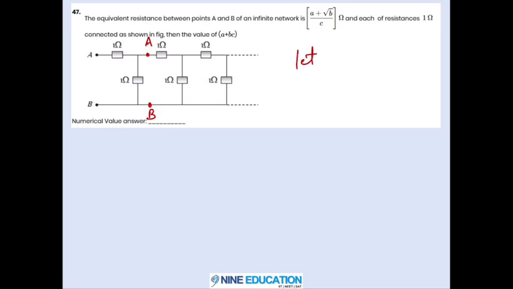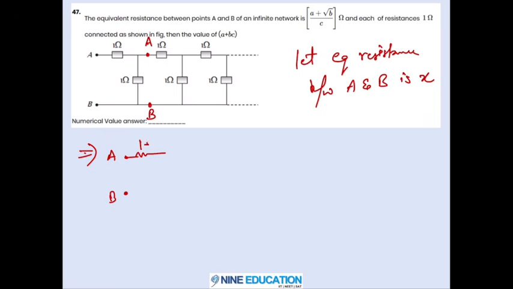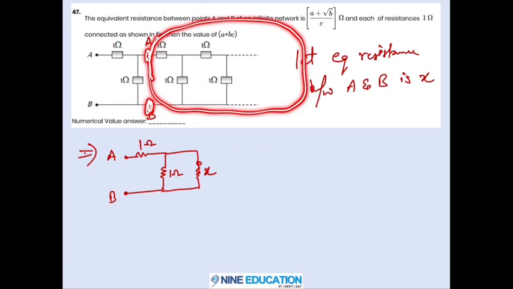And let the equivalent resistance between point A and point B be X. So this you can redraw as, this is point A, this is point B, this is 1 ohm, this is again 1 ohm, and this is X. This is X because see here, this is point A and point B, so this entire network can be replaced by X. That is what I have done.